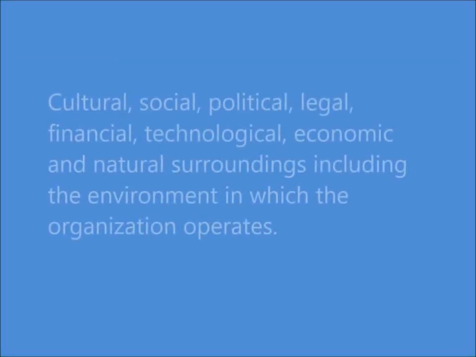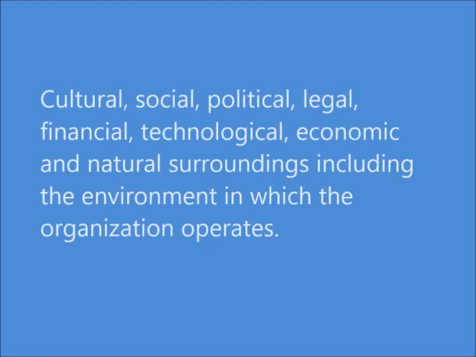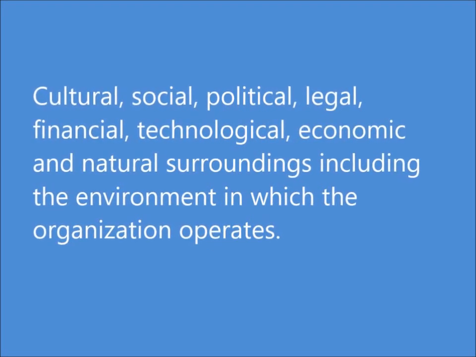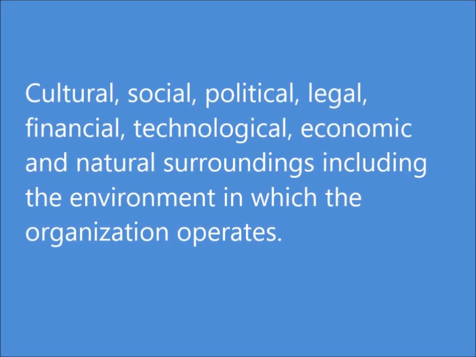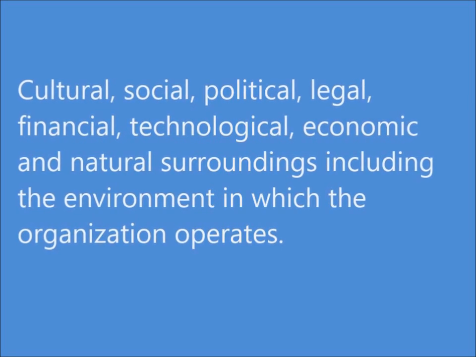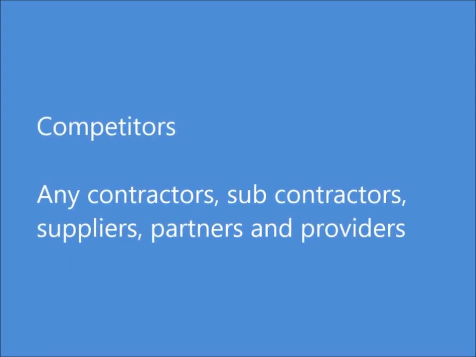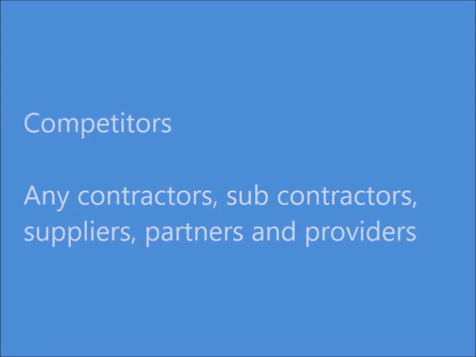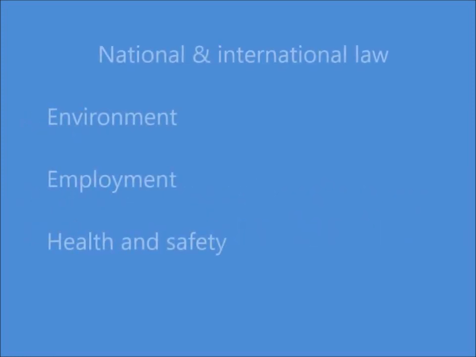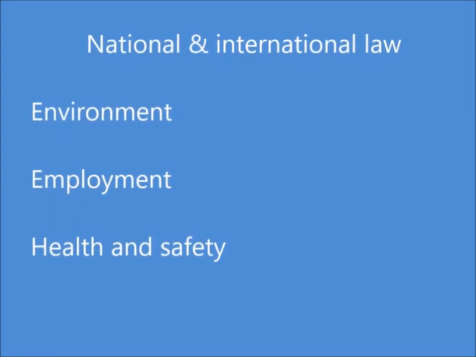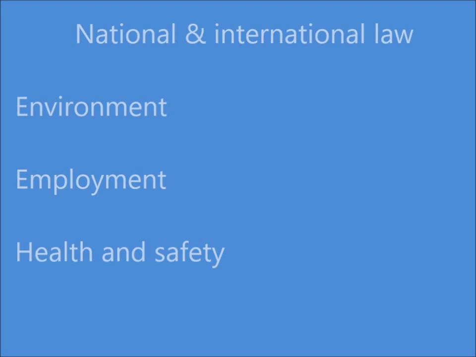External issues include: cultural, social, political, legal, financial, technological, economic and natural surroundings, including the environment in which the organization operates. Who the competitors are and any contractors, subcontractors, suppliers, partners and providers. National and international law such as environment, employment, health and safety.